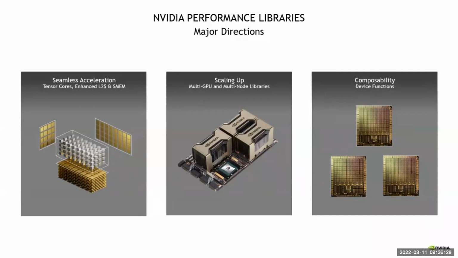So you don't necessarily have to understand how to program to the tensor cores on our modern GPUs in order to have libraries that support them seamlessly for you. Next, these libraries should scale up, not just supporting all of the GPUs that are available on your node, but in many cases now, we're actually able to scale up the library across entire GPU clusters. And lastly, it should be composable. They should work well together and work well with any code that you write in your application.